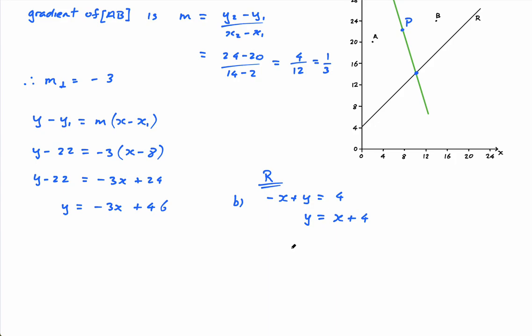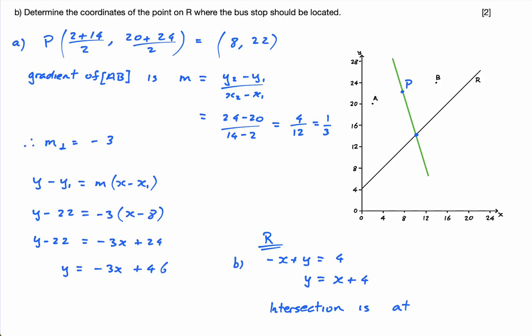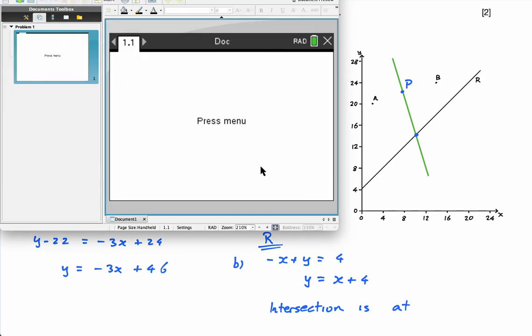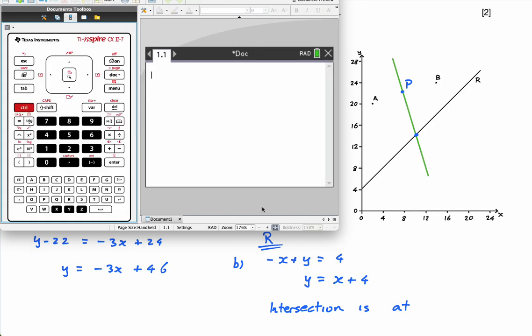Now you could solve this by simultaneous equations, but you have a GDC, which means you can actually draw the lines. So let's just do that. I'm going to zoom out a bit.